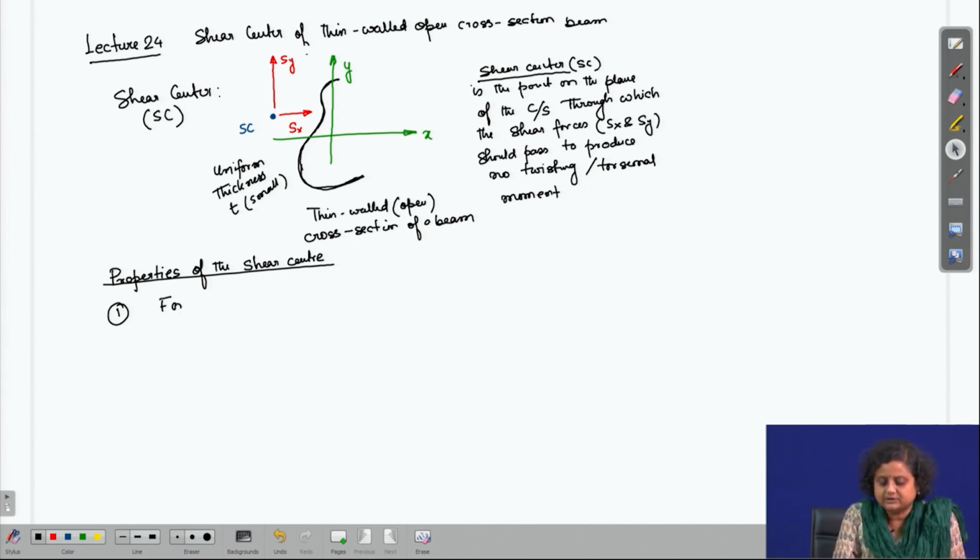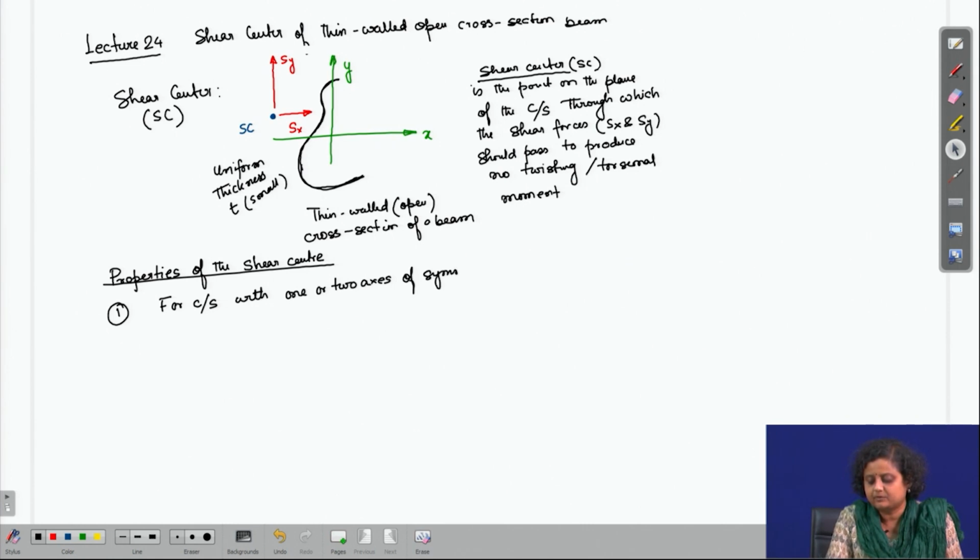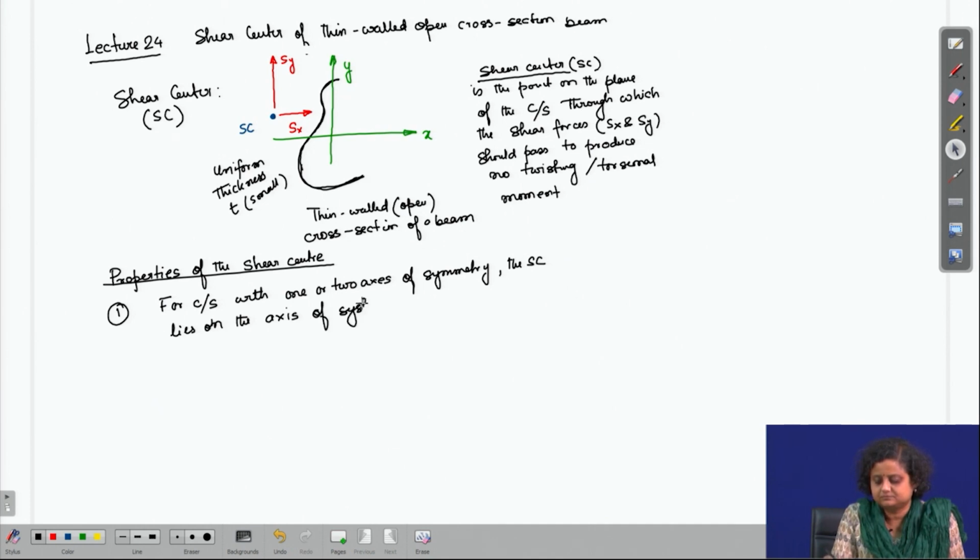So, for a cross section with one or two axes of symmetry, the shear center lies on the axis of symmetry. So, this is one property of shear center.